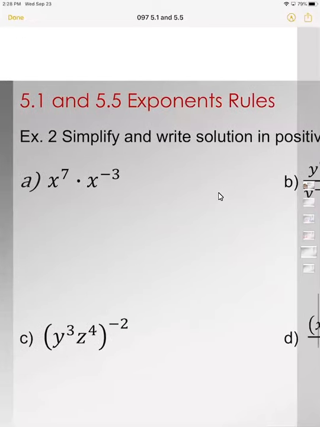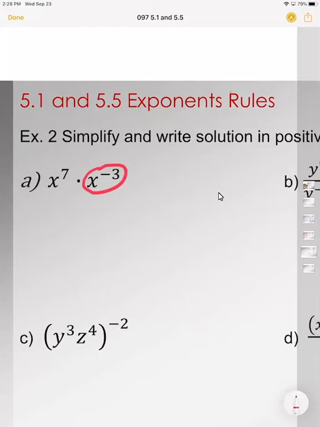So for me, like I mentioned, there are multiple ways to do this, and I will show you both ways. But I tend to do one way a lot of the time because I want to keep it consistent.